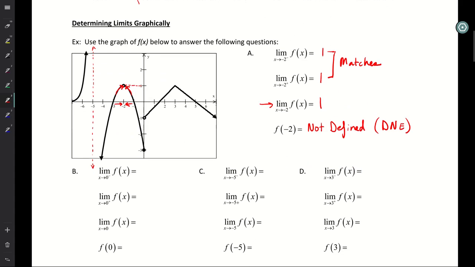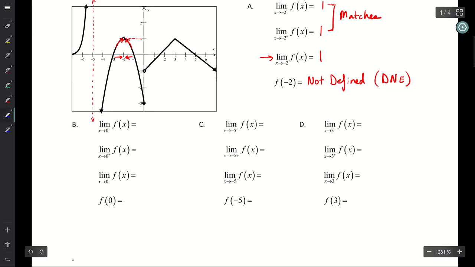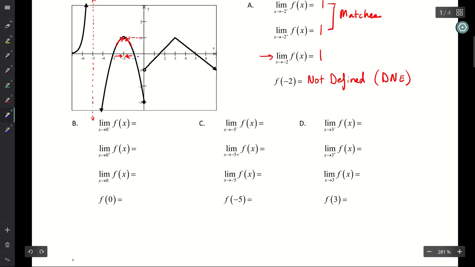All right, let's hop down to part B. Part B says we're looking at the limit as you approach 0 from the left to begin with. So looking at 0, 0 would be here. So as you approach 0 from the left-hand side, you're looking at this piece of your function. So your function would be getting close to that value there.